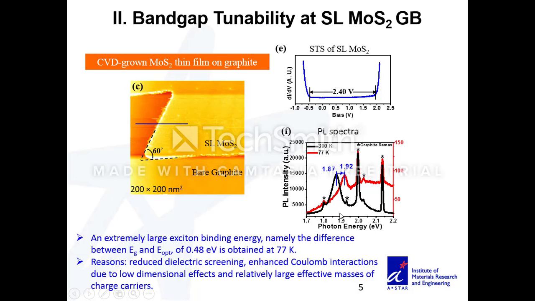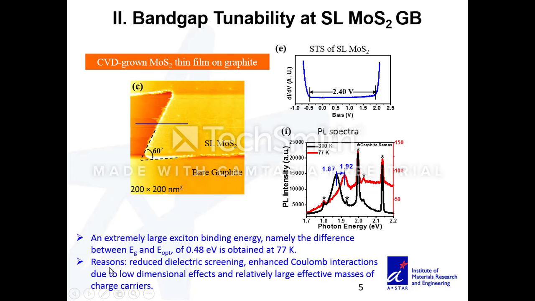Here is the PL spectrum, and we can see the optical bandgap is usually around 1.8 to 1.9 electron volts. The difference between the electronic bandgap and the optical bandgap is the exciton binding energy. Here we find the exciton binding energy is around 0.48 electron volts, and this value is also quite close to that of monolayer MoSe2 on graphite reported by other groups.